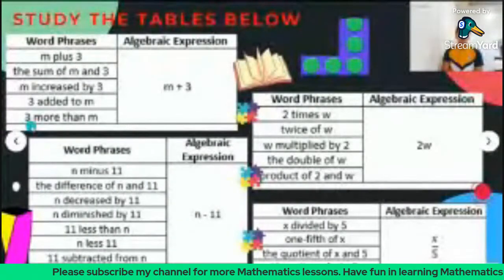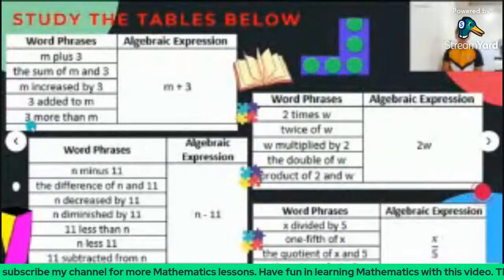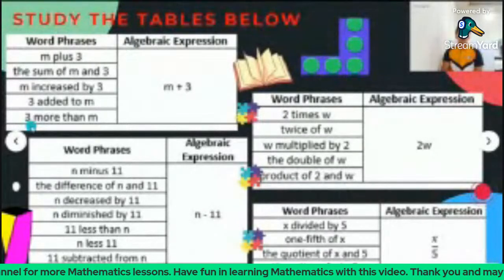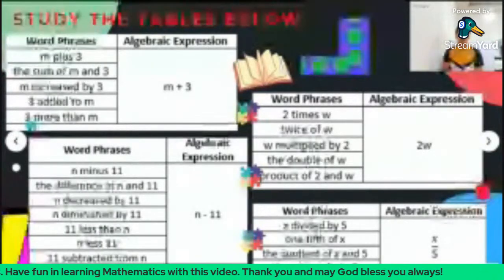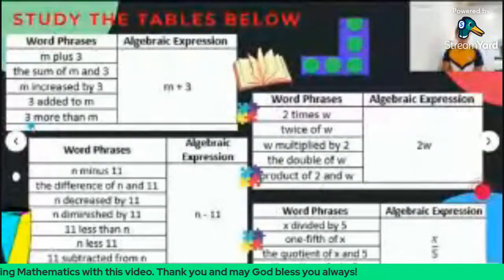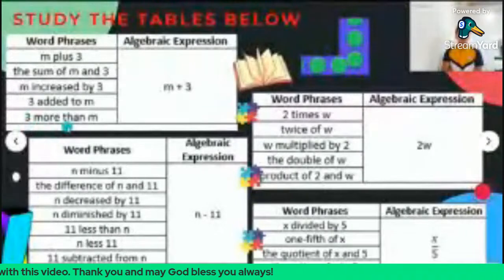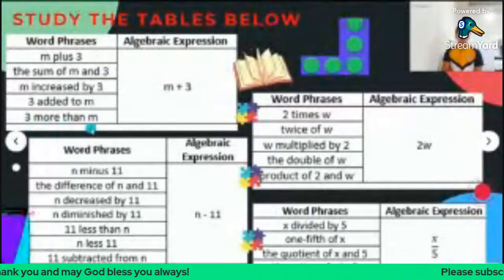Example number 2. Translate to an algebraic expression: the sum of a number and 9 divided by 4. Once again, the sum of a number and 9 divided by 4.